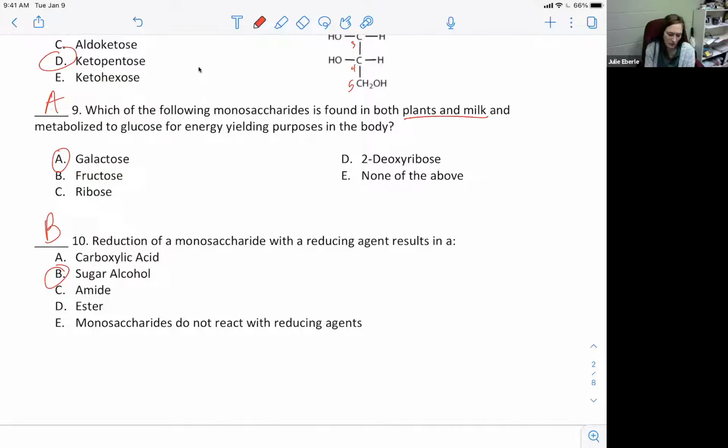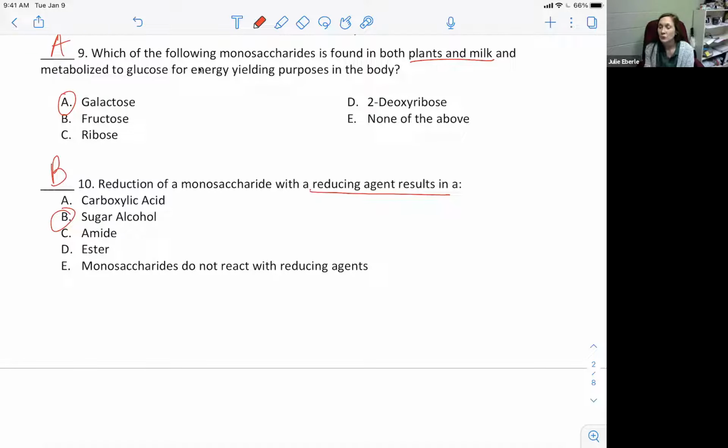And then 10, the reduction of a monosaccharide with a reducing agent, a sugar alcohol. So that's where we made a big deal about like sorbitol, and we said sugar alcohols, if you consume a lot of them, they can not do great things for your body.